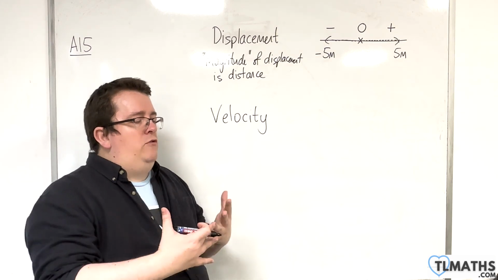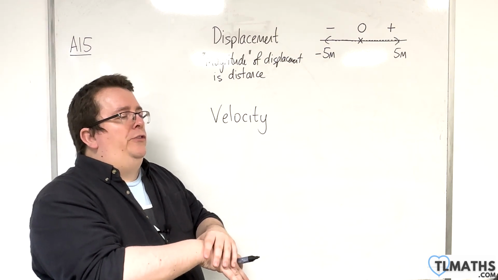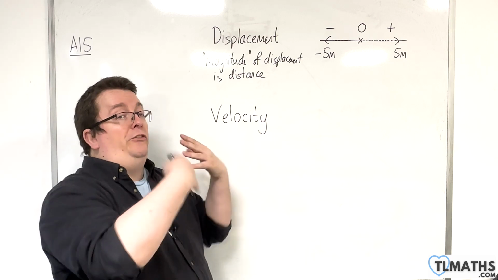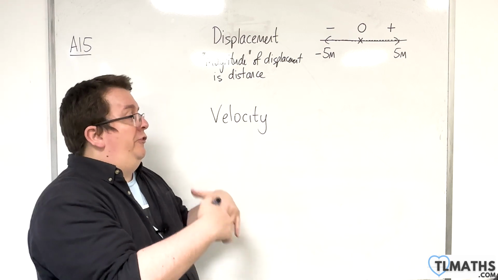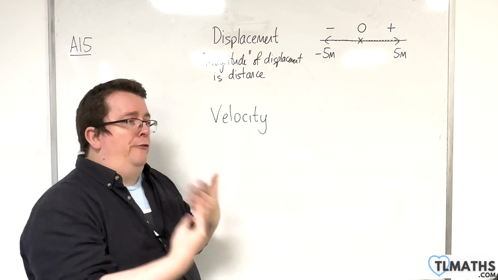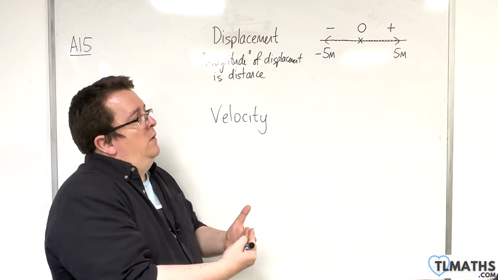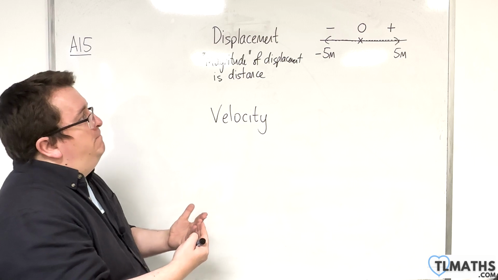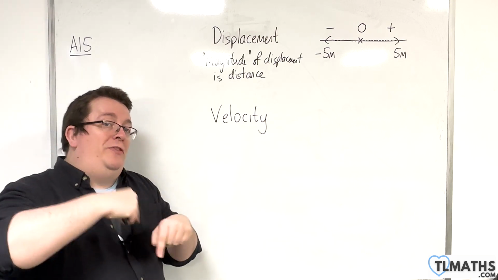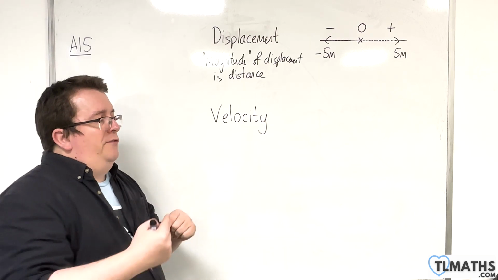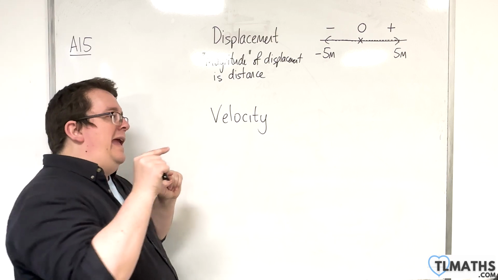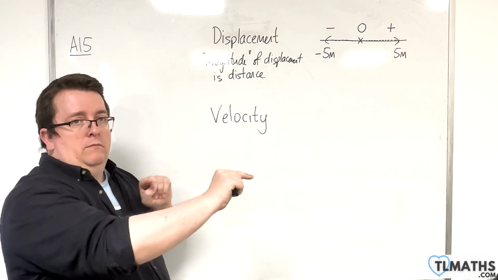Now that's not quite right, because I've used the term 'in', we're talking about speed there. So speed is telling you how far you've gone in a certain amount of time. So velocity is the link with displacement. So velocity infers that there is some direction occurring.